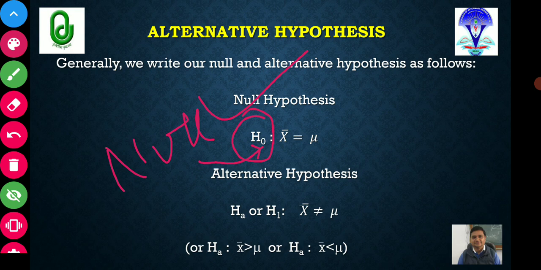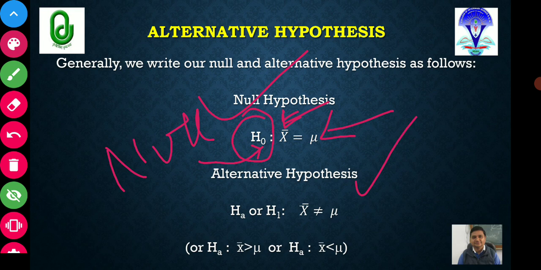Null hypothesis assumes that x bar, that is sample mean, is equal to mu, that is population mean. So in words you can write H0 - sample mean is similar to population mean, or in the form of notation you can write H0 - x bar is equal to mu.